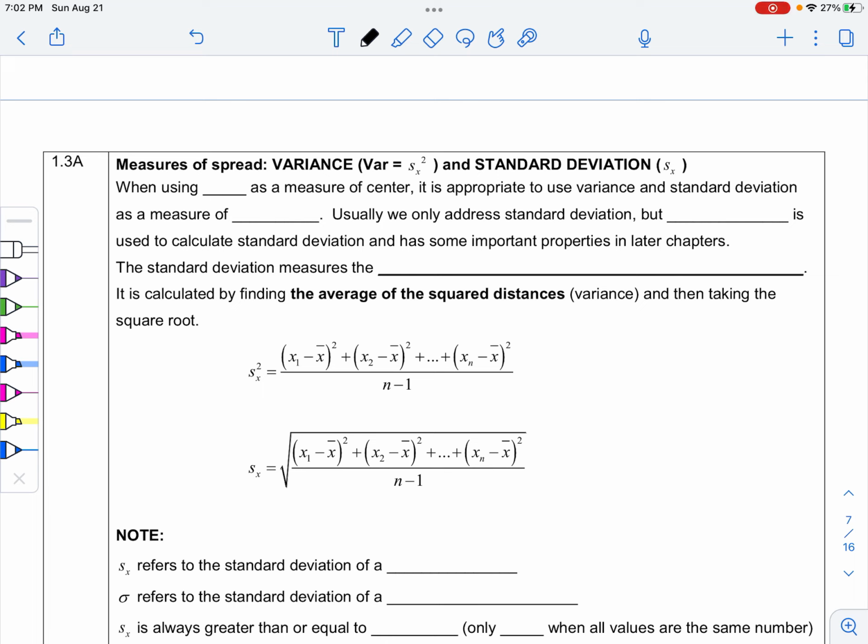Spread can be talked about with variance. I will definitely say to you guys right now, we're not really going to use variance very much. Right now, we're only going to use variance in order to calculate standard deviation.